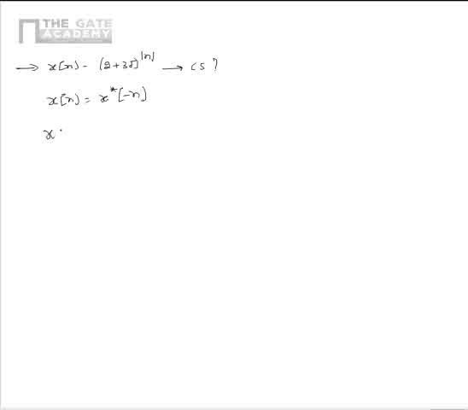For the given signal, we can write x star of n, which is the conjugate of x of n, is equal to 2 minus 3j whole power mod n. From this, x star of minus n is equal to 2 minus 3j whole power mod n. This is not equal to x of n for every n.